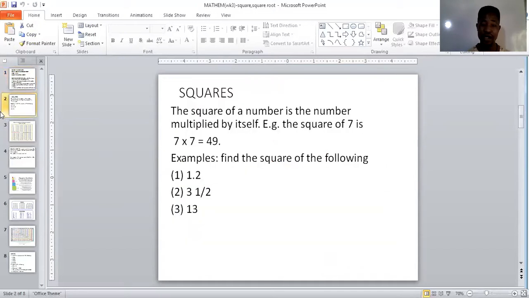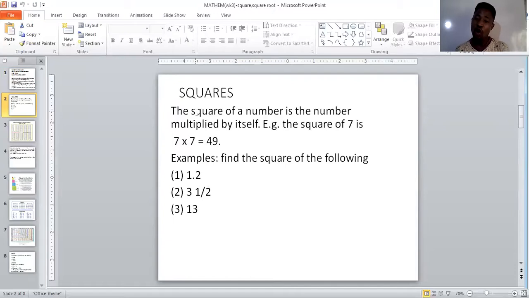So what are squares? I said earlier, when I was telling you what you should know at the end of the lesson, that you should be able to explain the square of numbers as the product or the answer of a particular number multiplying itself. What that means is, for instance, the square of 2 is 4.